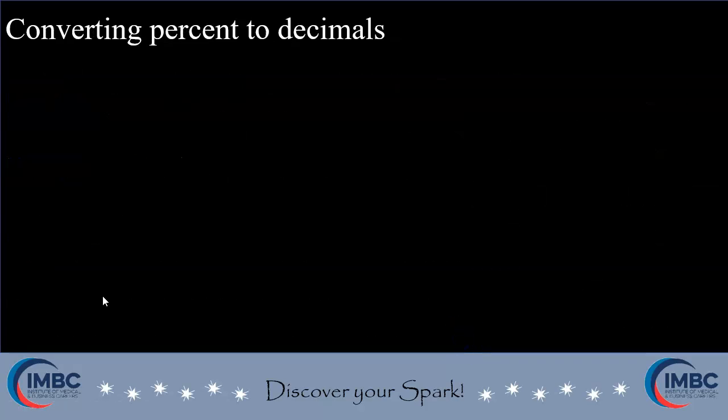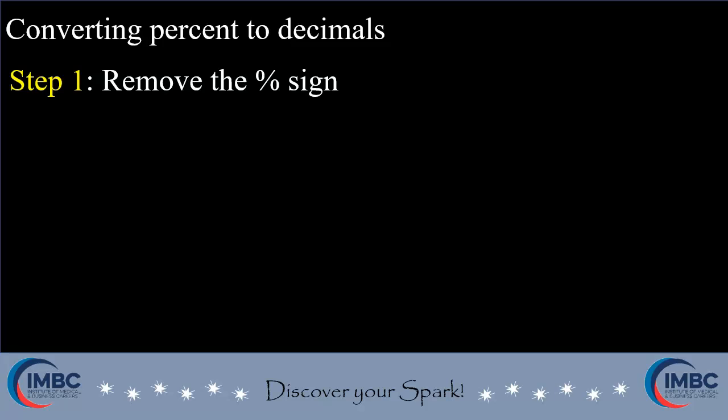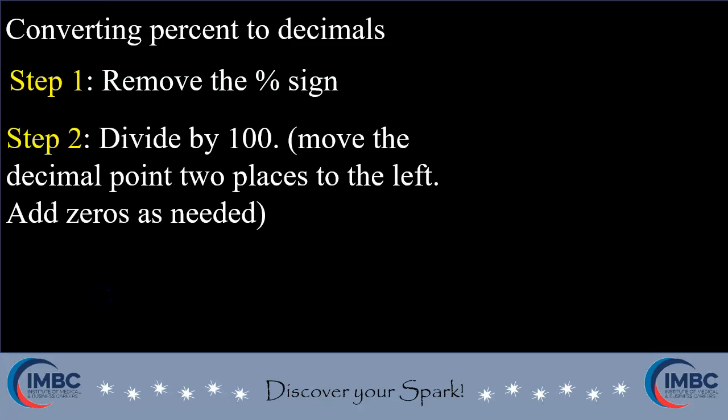Converting percents to decimals. Just sort of taking it back the other direction. So the first step in converting is removing the percent sign. Step 2 would be to divide by 100. So if we multiply, we move it to the right. When we divide by 100, we move the decimal point 2 places to the left, and then we would add zeros as necessary.